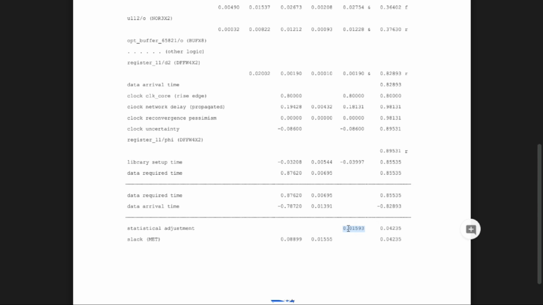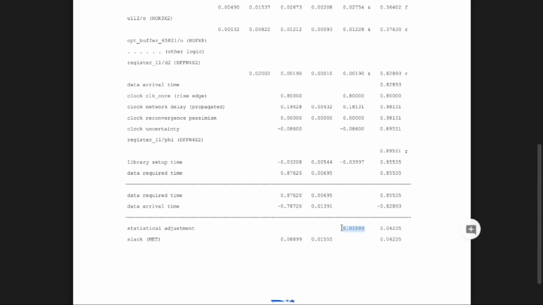This value is just given so that we understand that because of POCV there is a variation from this required time and arrival time to this value. If you just subtract these two you will not get this value, you have to add this value to get this value.